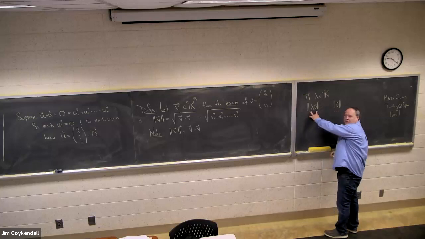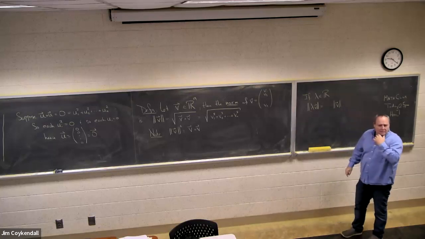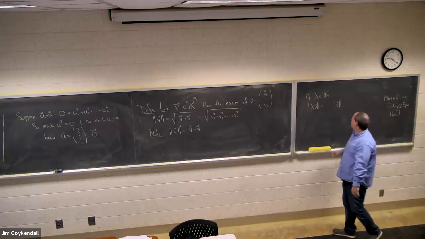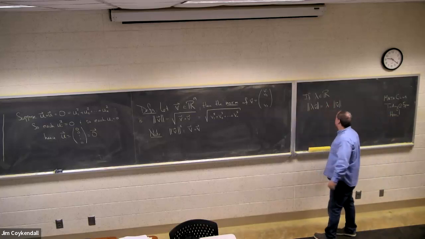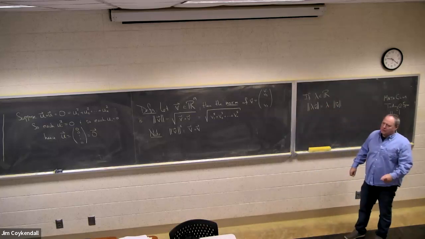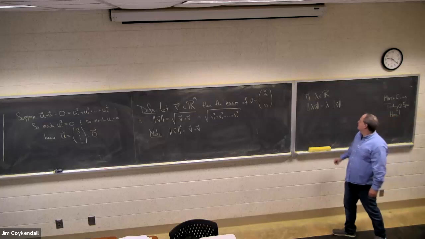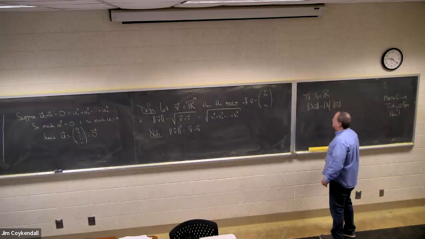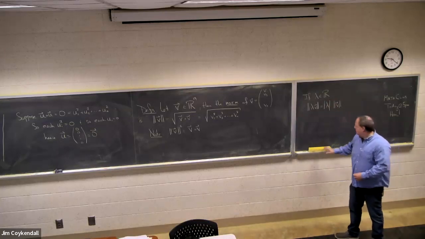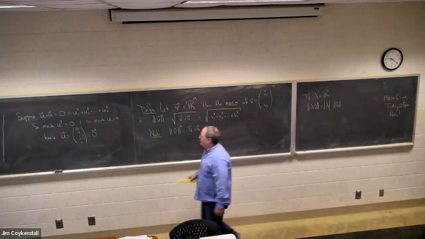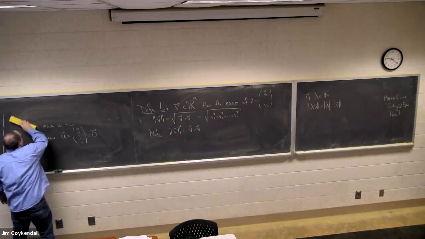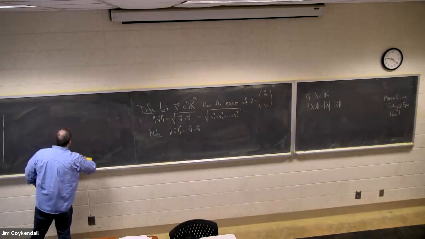What's the relationship between the new norm and the old? Lambda squared. You're close, but it can't quite be lambda. Absolutely. Well, let's make sure we know why that's true.